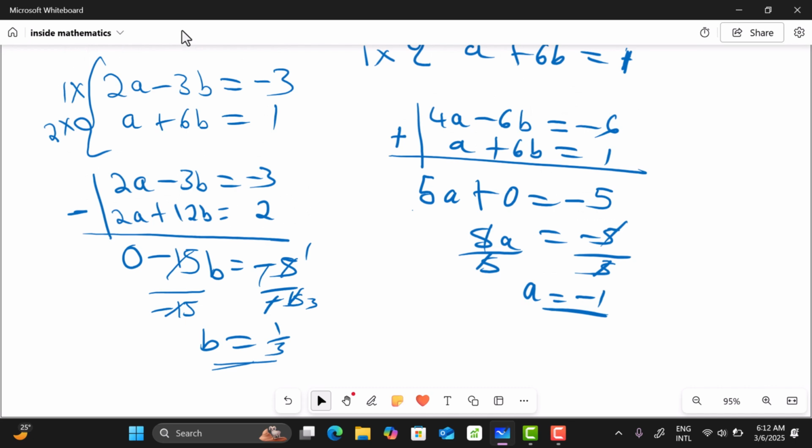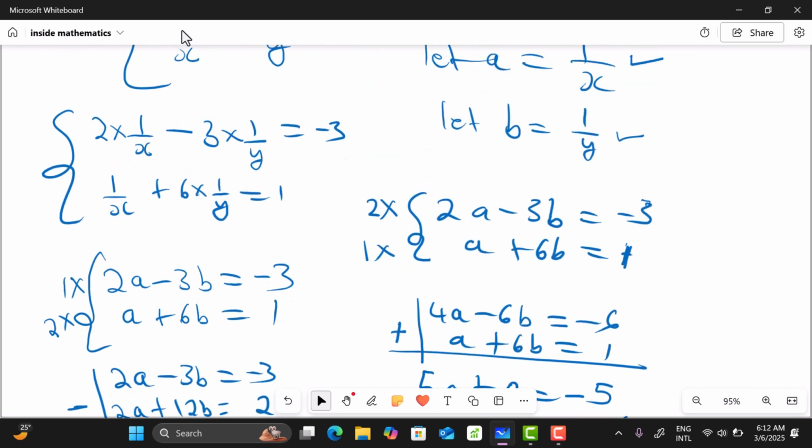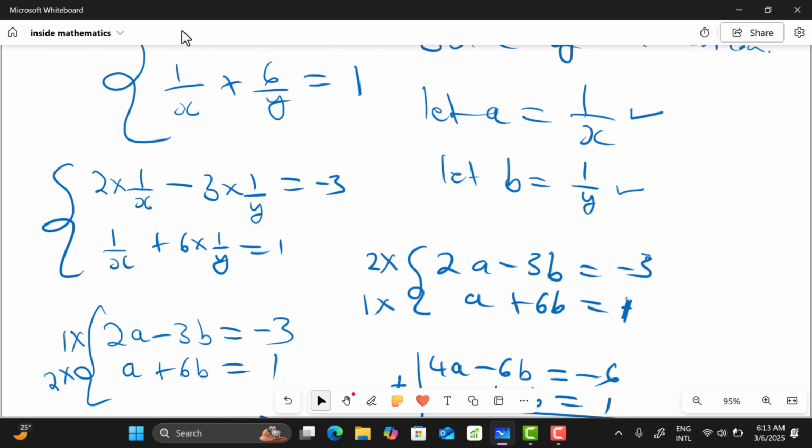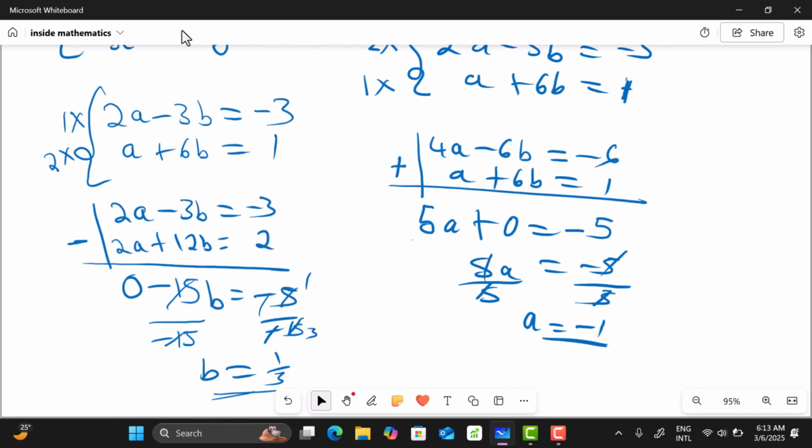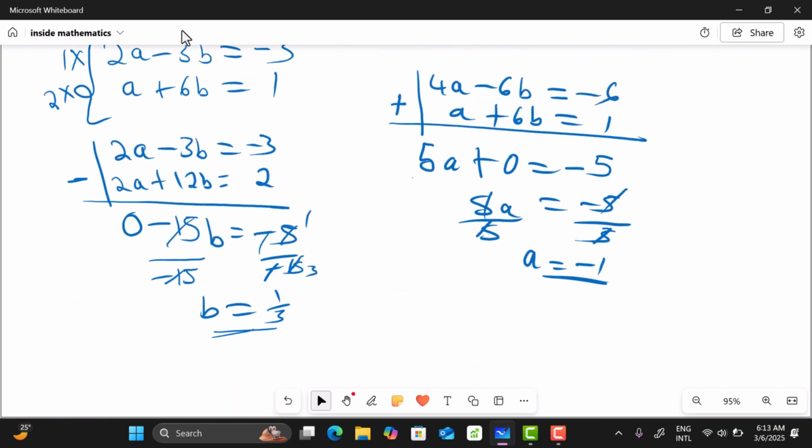So if you are to go back here, we said a is equal to 1 over x, and b is equal to 1 over y.